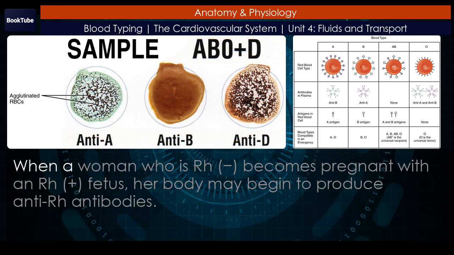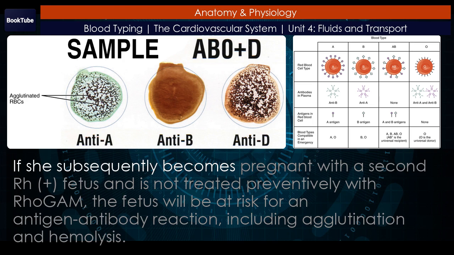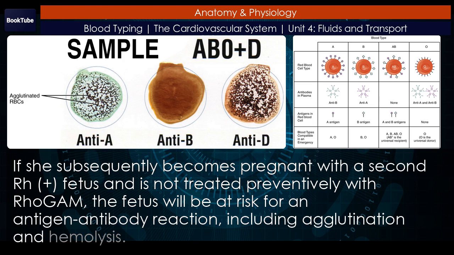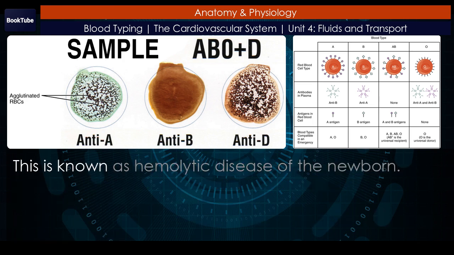When a woman who is Rh minus becomes pregnant with an Rh plus fetus, her body may begin to produce anti-Rh antibodies. If she subsequently becomes pregnant with a second Rh plus fetus and is not treated preventively with ROGAM, the fetus will be at risk for an antigen-antibody reaction, including agglutination and hemolysis. This is known as hemolytic disease of the newborn.